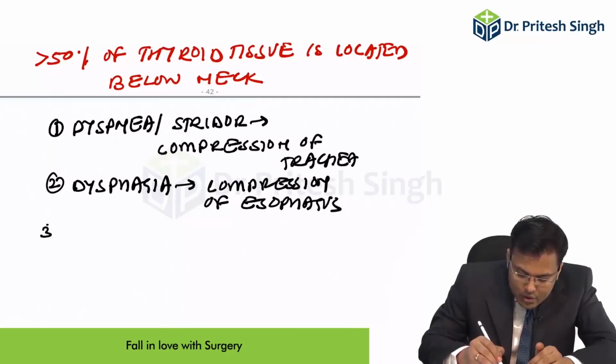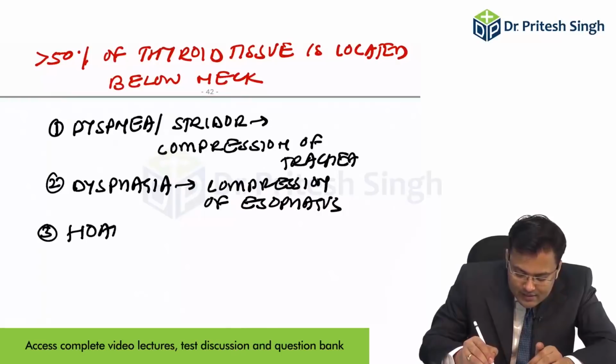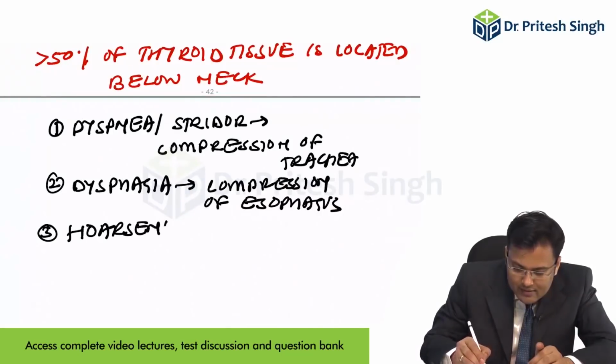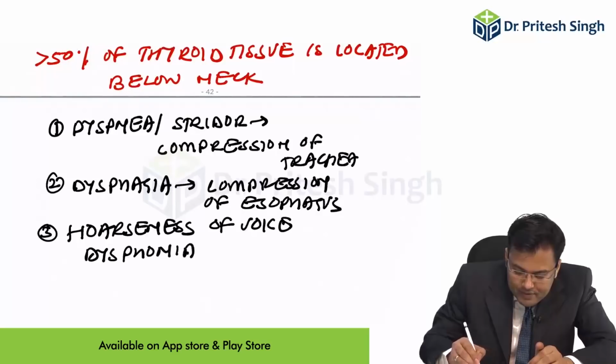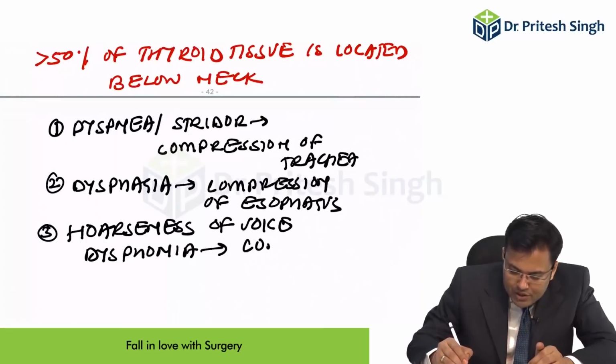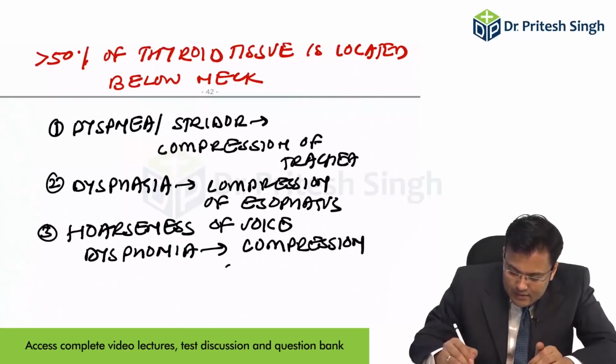Third is hoarseness of voice, that is also known as dysphonia, due to compression of the recurrent laryngeal nerve.